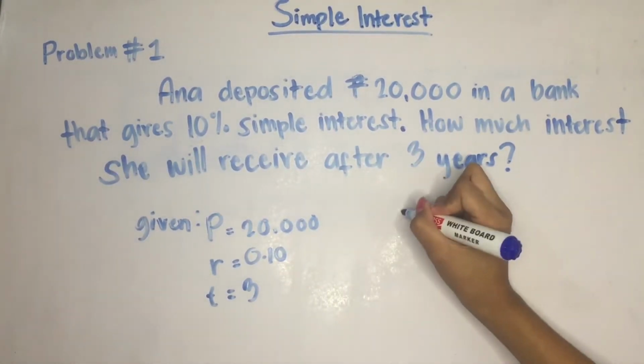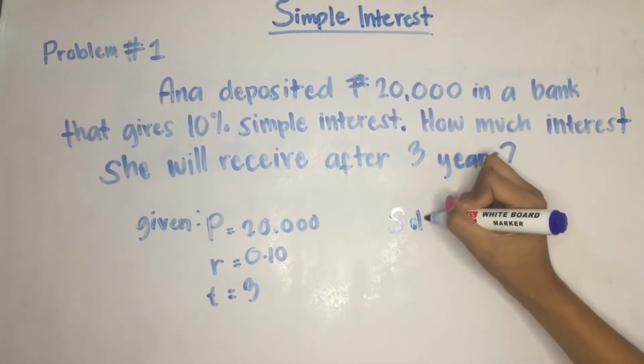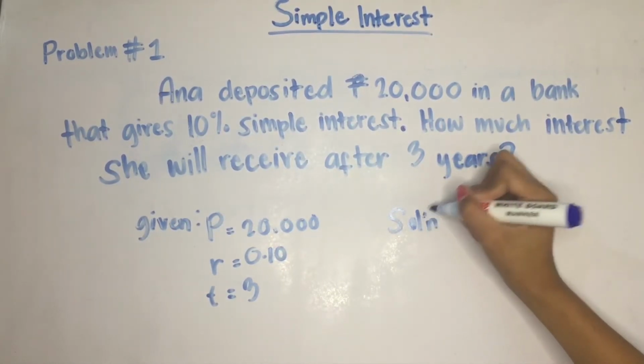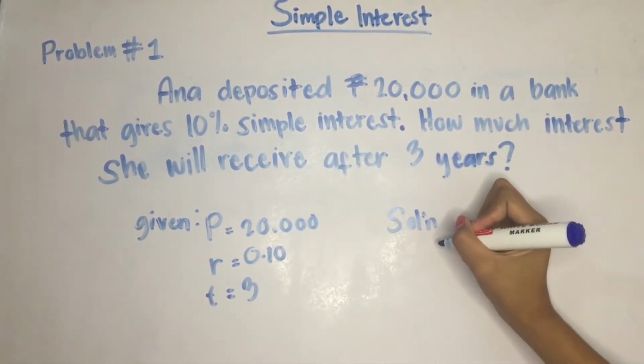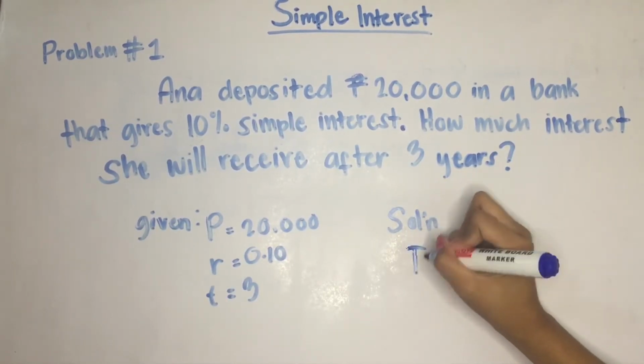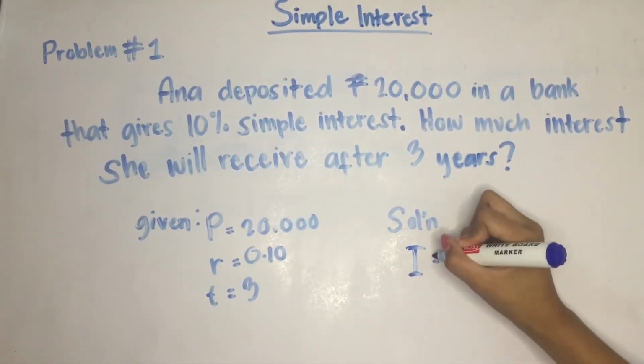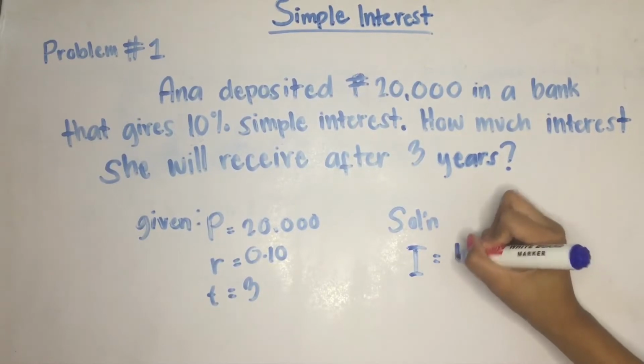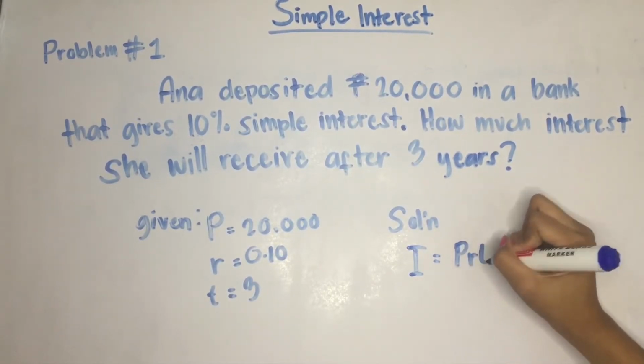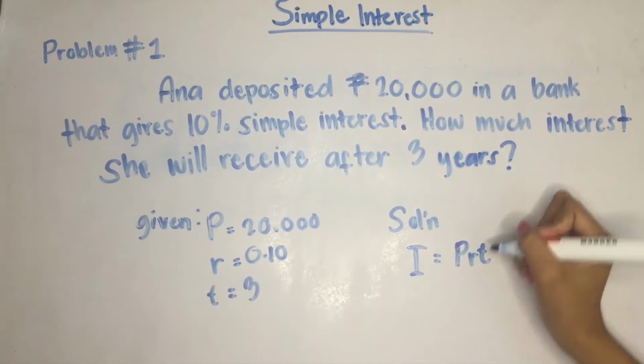So, solution. Interest is equal to principal, rate, and time.